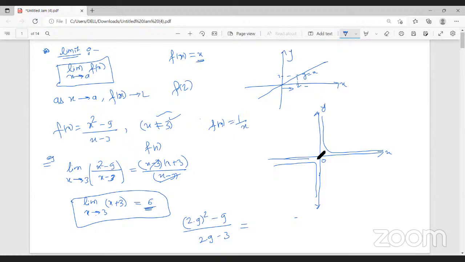But at this point, x equals 0.00001, this function is defined, right? If I consider this value as h, then h is very, very small compared to this particular limit, that is 0 here, so I can say here it is 0 plus h at this point.